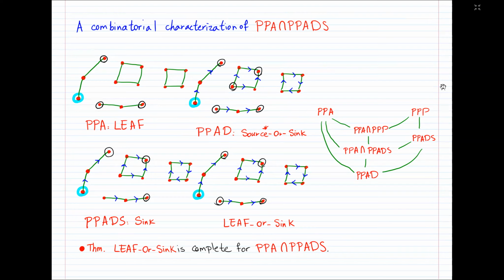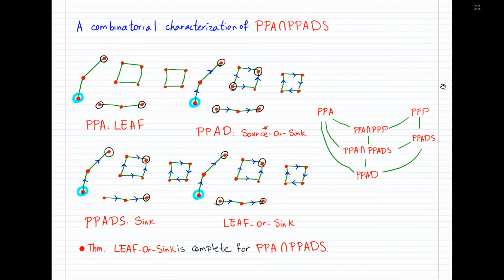The leaf problem corresponds to PPA. You are given an undirected graph and a distinguished leaf vertex, shown here in blue, and you have to find another leaf. In the PPAD case, you get a directed graph with a distinguished source, and you have to find another source or a sink.